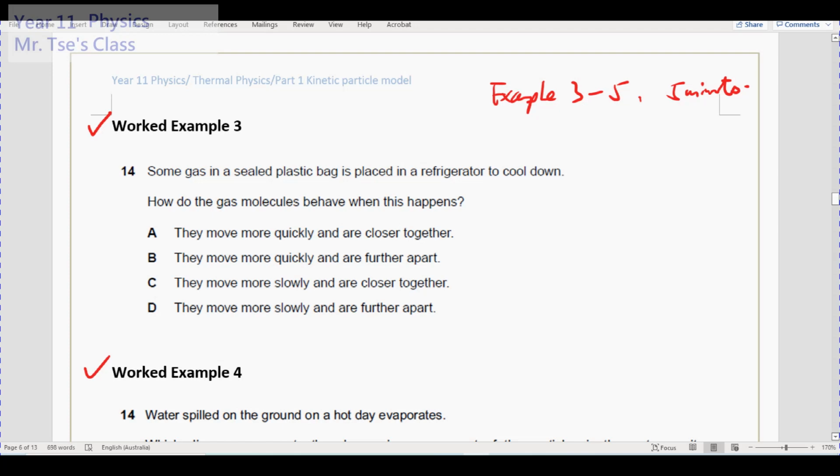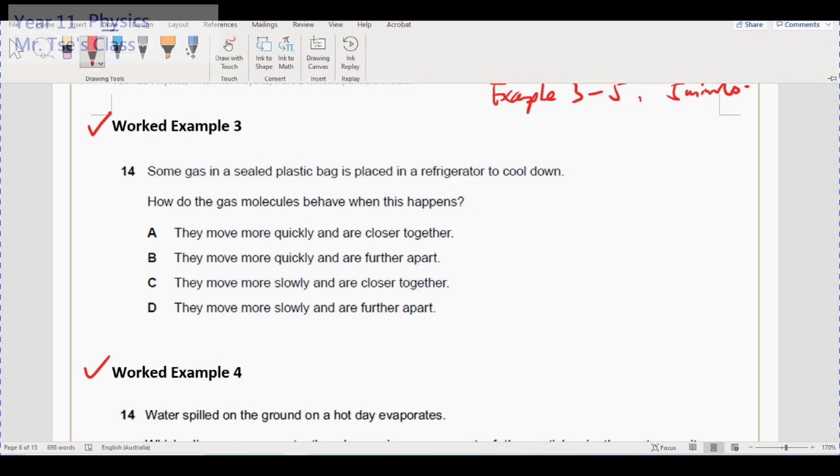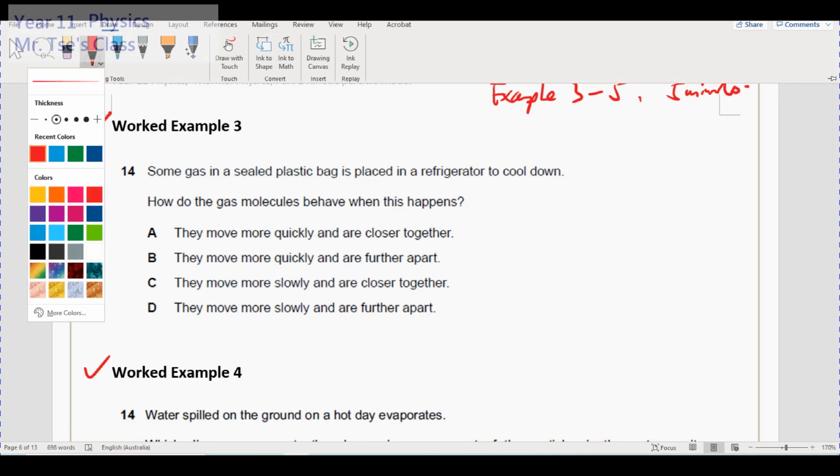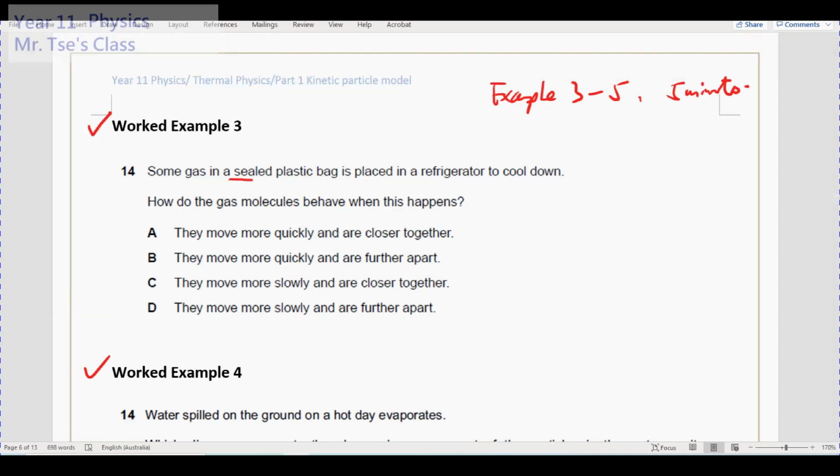So we're back. Have you made up your mind? Sealed plastic bag. Plastic means the shape of the bag can be changed, flexible. Placing in the refrigerator to cool down means the temperature will drop.